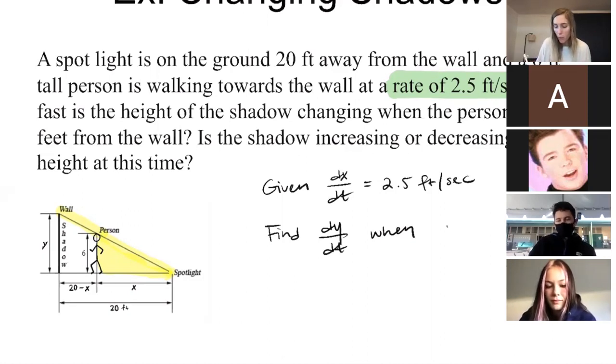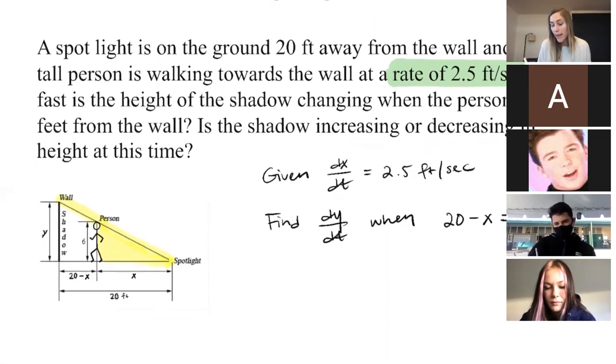So that would be when 20 minus x is equal to 8. And you could solve for what x would be equal to at that moment just by subtracting by 20 on each side, dividing by -1. You see that x is equal to 12 feet at that moment in time.